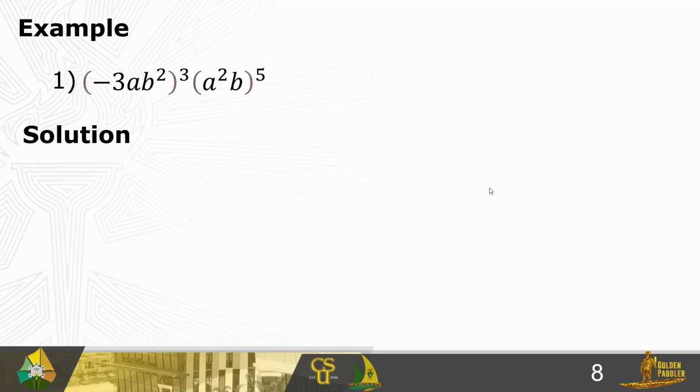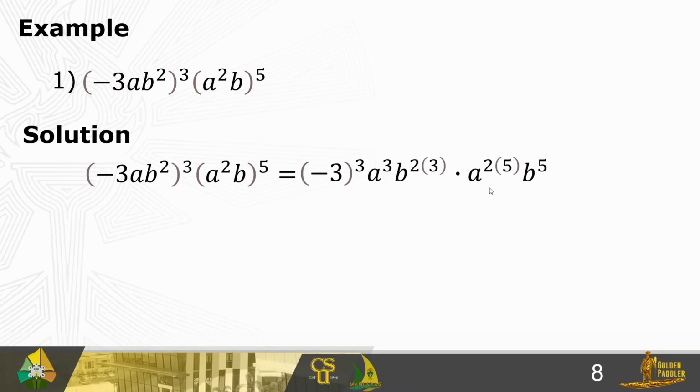The expression (negative 3ab squared) raised to the power of 3 times the expression (a squared b) raised to the power of 5 is just equal to negative 3 raised to the power of 3, a raised to the power of 3, b raised to the power of 2 times 3, or just simply distribute the exponent 3 towards the exponents of the bases, times a raised to the power of 2 times 5 times b raised to the power of 5, or simply distribute the exponent 5 towards the exponents of the bases.